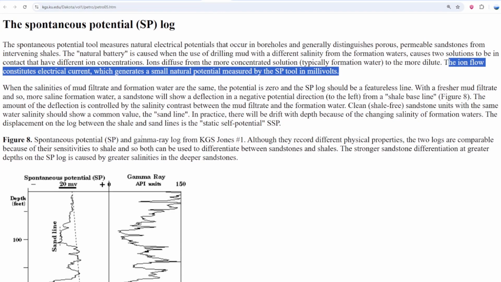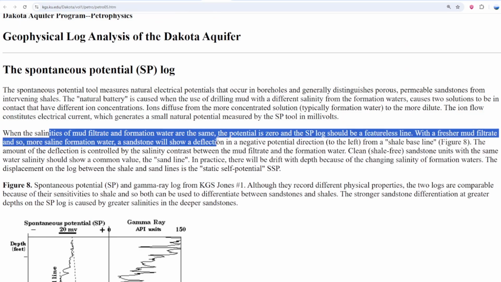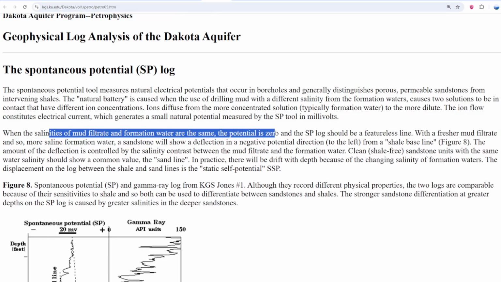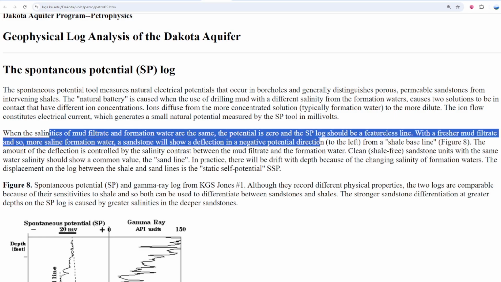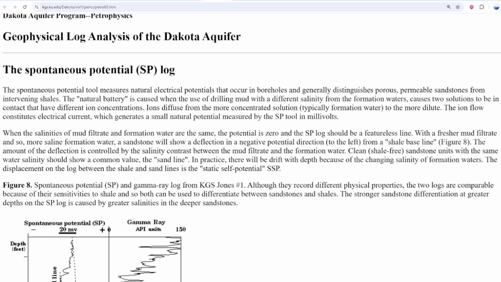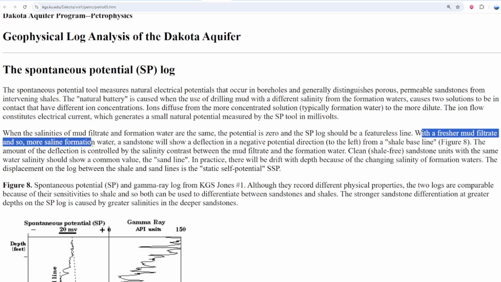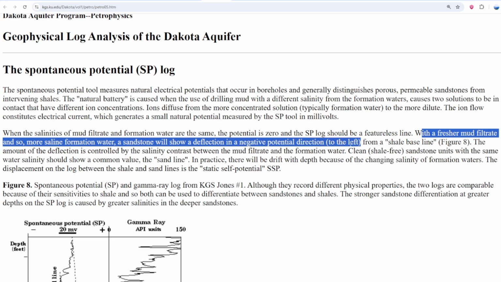So when the salinities of mud filtrate and formation water are the same, the potential is zero, and the SP log should be a featureless line. With a fresher mud filtrate, and so more saline formation water, in sandstone we show deflection in a negative potential direction to the left from a shale baseline.